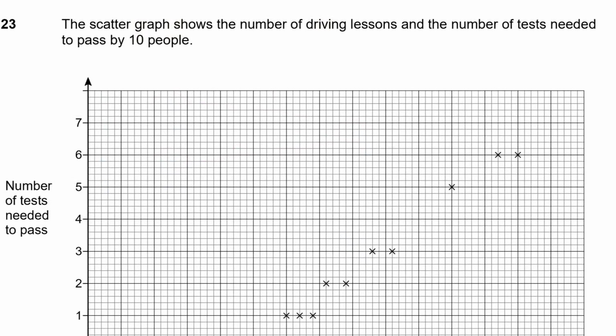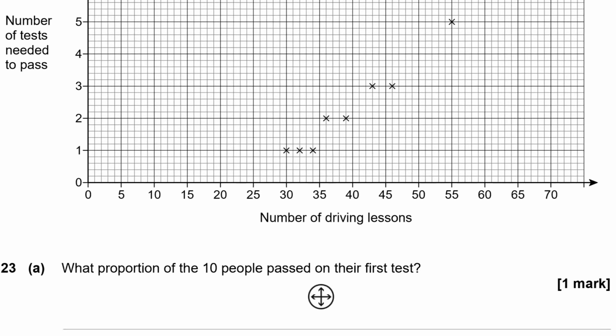Question 23. The scatter graph shows the number of driving lessons and the number of tests needed to pass by 10 people. Okay, what proportion of the 10 people passed on their first test? Well, the number of tests is down the side here, and if it's their first test, then it's got to be a number of tests needed to pass equal to 1.